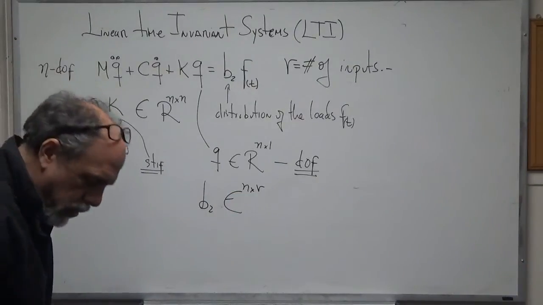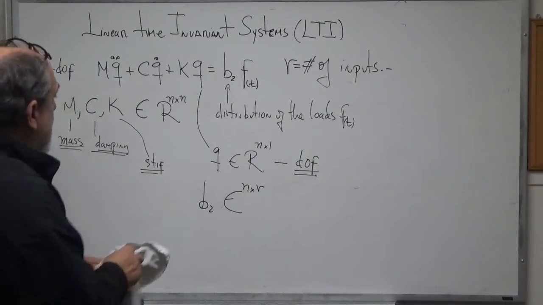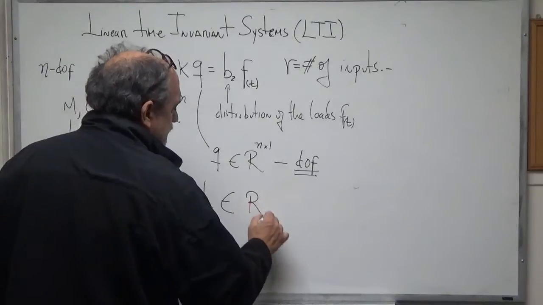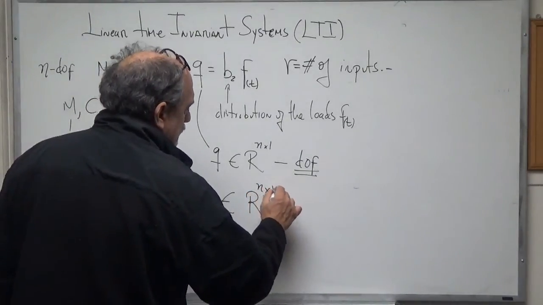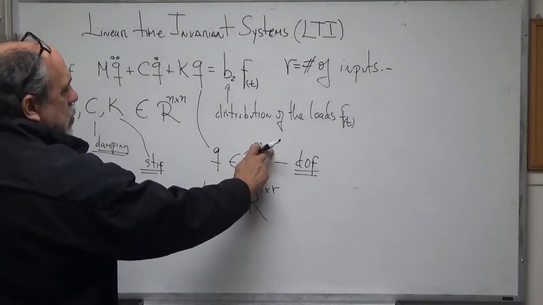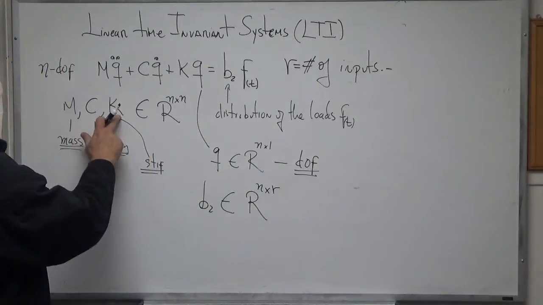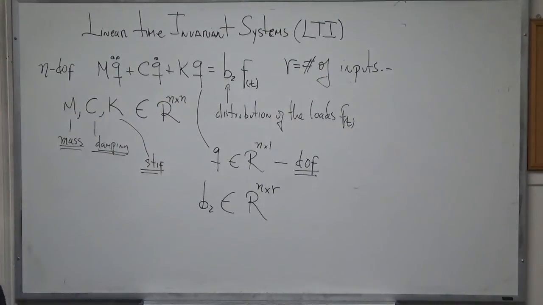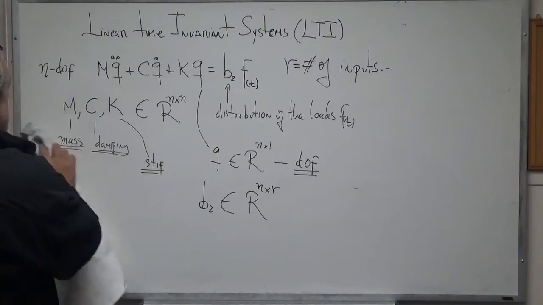I shouldn't say belongs to, B2 belongs to the reals and has n rows and r columns. Okay? q belongs to the reals, has n rows, 1 column. M, C, and K are matrices that belong to the reals and are n by n, rows and columns. Okay? Okay, so I erase this part.